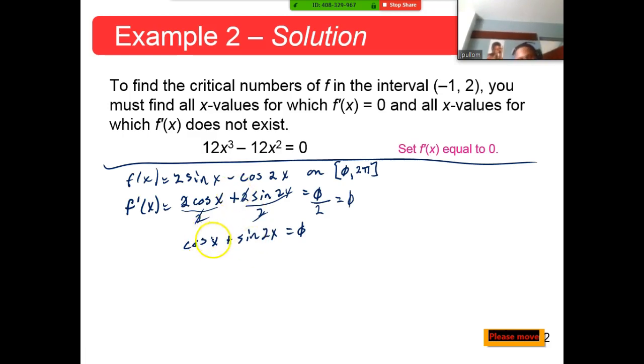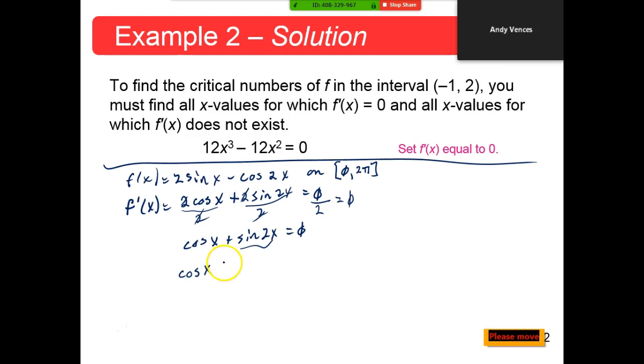Here's the problem. This has an argument of x, that has an argument of 2x. Those are going to be hard to compare unless we can get this in terms of trig functions of x. Does anyone remember the good old double angle formula? If you have your books handy, go to the front inside cover of your book.